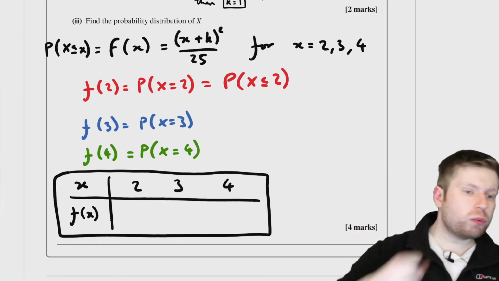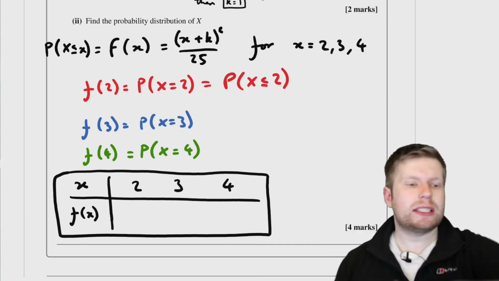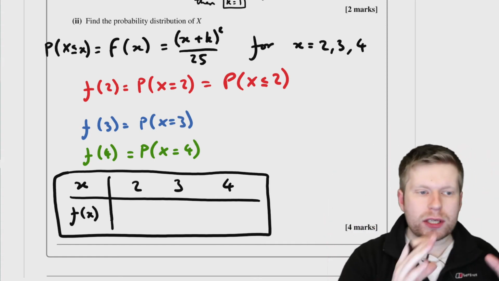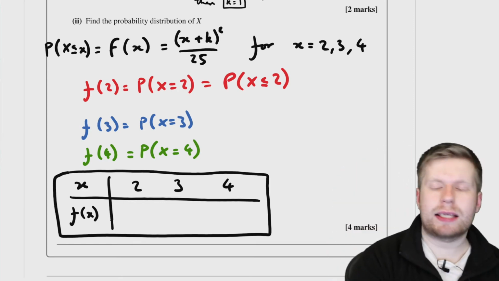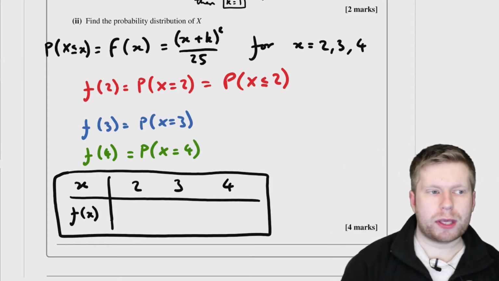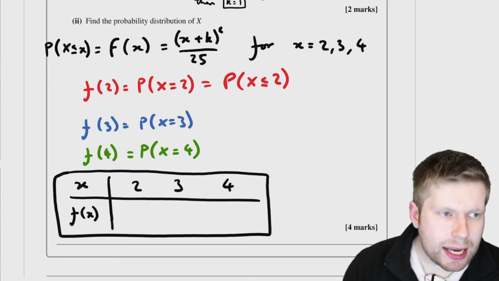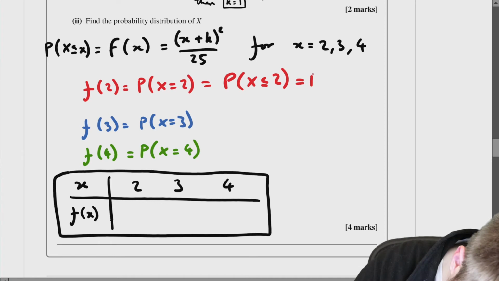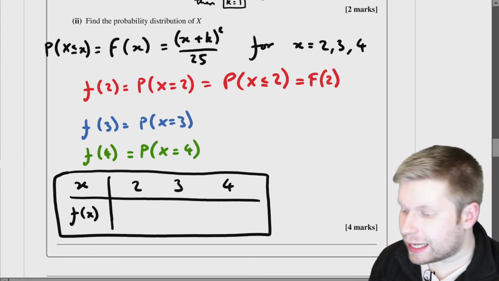Because the probability that x equals 1, x equals 0, x equals -1, x equals 0.5, they're all going to be 0. So it's going to be 0 plus 0 plus 0 plus 0 plus the probability that x equals 2, which is what I'm after. So in this case, I can just stick in f of 2 and focus on that, and that would give me the probability that x equals 2.